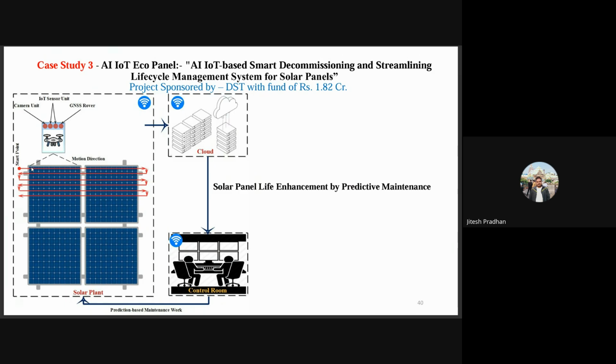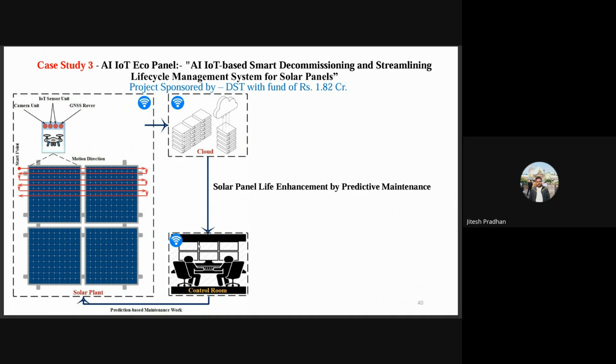At the same time we will be analyzing the output voltage generated from the cell. All the information will be directly uploaded to the cloud. Then there will be a control room, which is nothing but big data analysis, where we analyze the cell performance based on the input from the camera unit, the IoT sensors, and the voltage generated. It will be a kind of multimodal model which processes images, IoT sensor readings, and voltage readings.